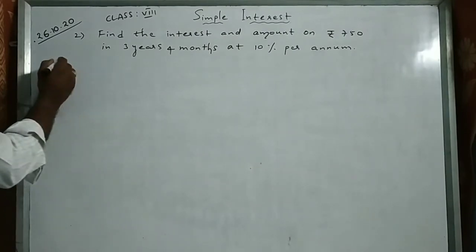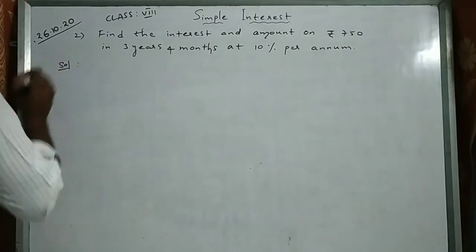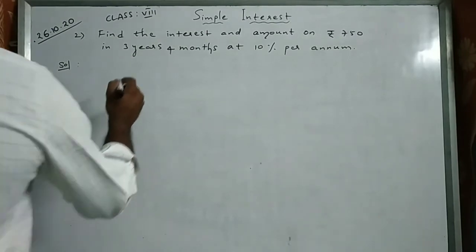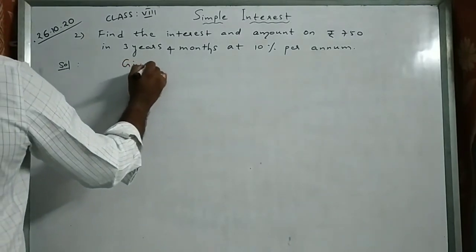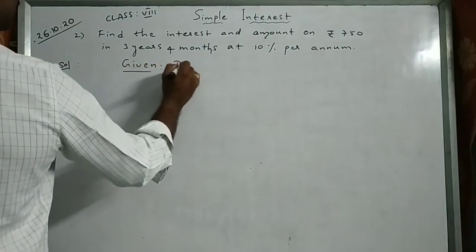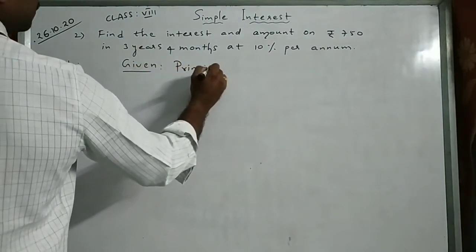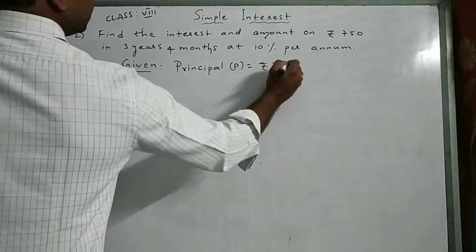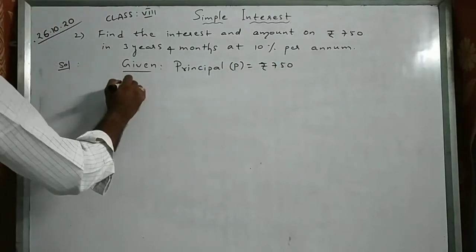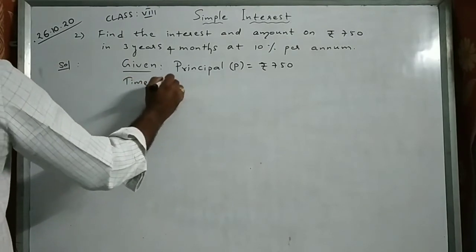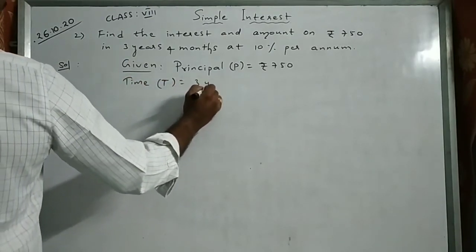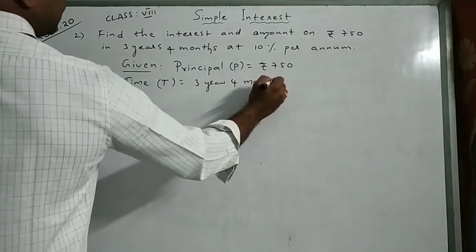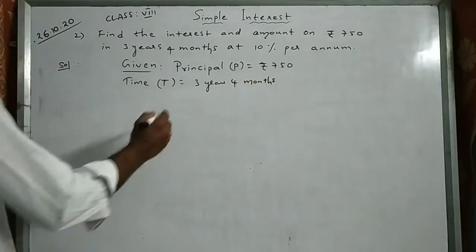So how do we get this? First you should write given data. Given data. What is the principal amount? Principal amount P is equal to rupees 750, time T is equal to 3 years 4 months, but time should be always in years.